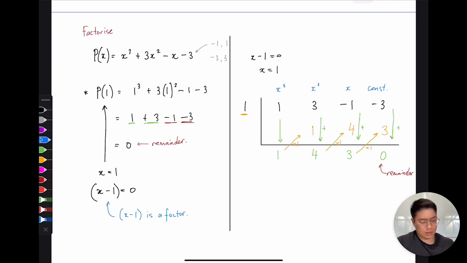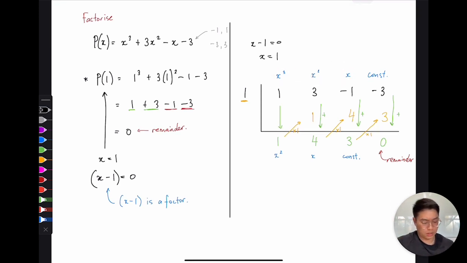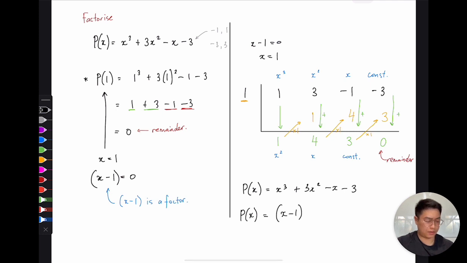Okay, so this is our x squared term, our x term, and our constant now, since the terms reduced by a power of 1. So we can rewrite our polynomial, originally x cubed plus 3x squared minus x minus 3, as the product of our factors, which is x minus 1 and our quadratic factor, which is x squared plus 4x plus 3.